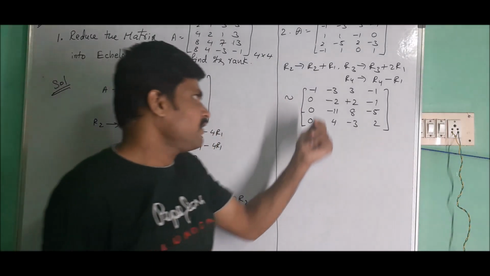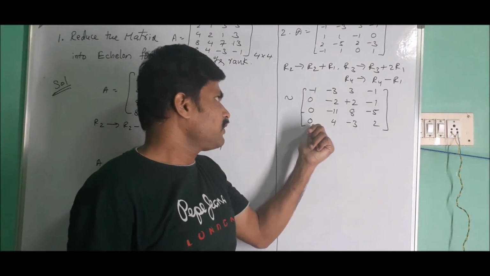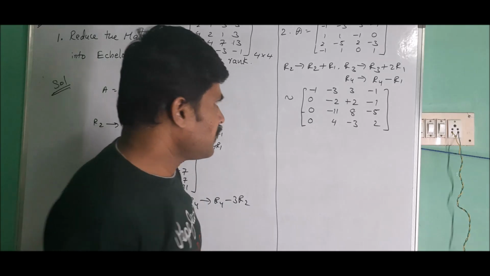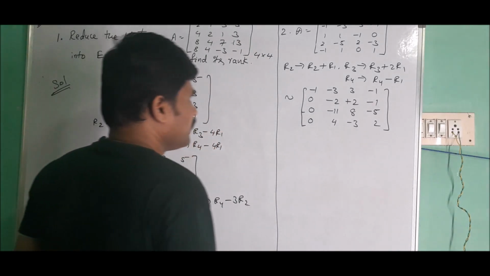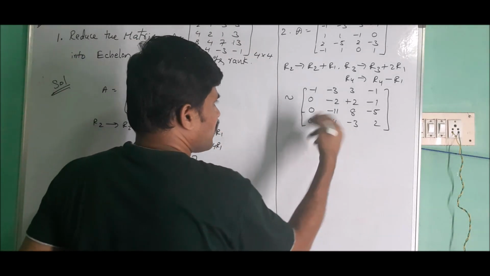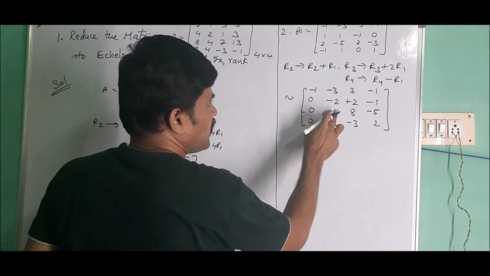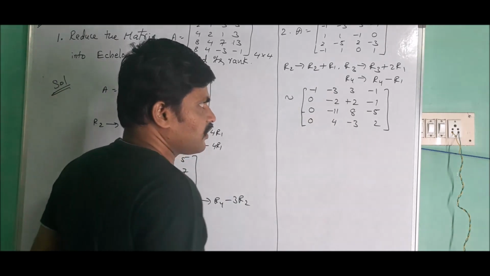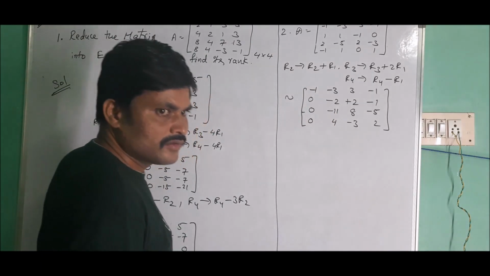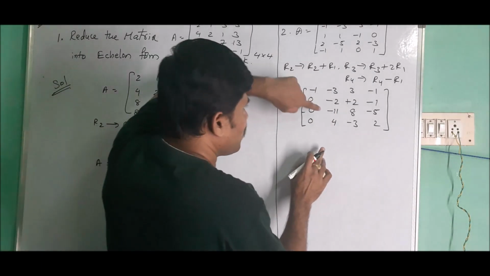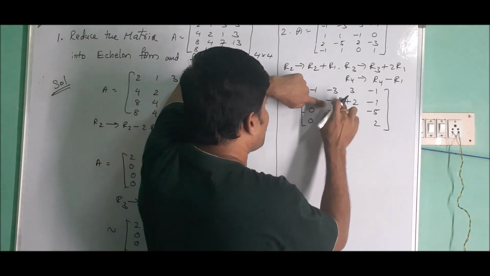Here we observe that in the second, third and fourth rows, the first elements are zeros. Similarly, we apply row transformations to make minus 11 and 4 zeros using the second row. Here we observe that minus 2 is not equal to 1.